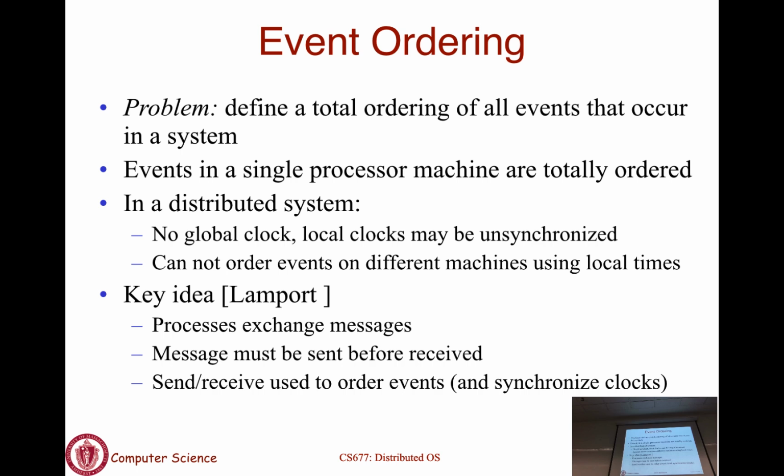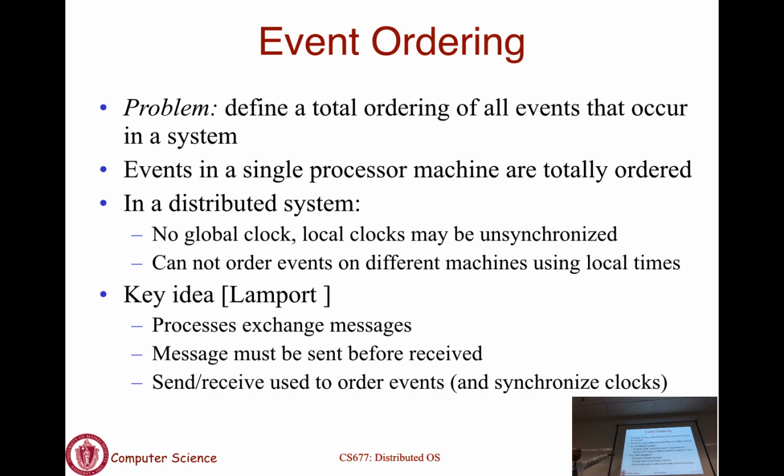Only across machines is there a problem, because unless your clocks are synchronized, you cannot use actual physical timestamps to order events. But on a single machine, you will use either program execution order or timestamps to order events. So events in a single processor machine we will assume are totally ordered.